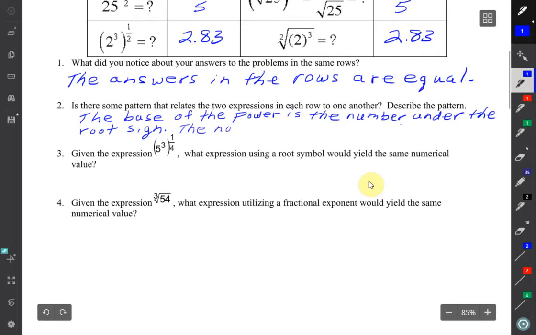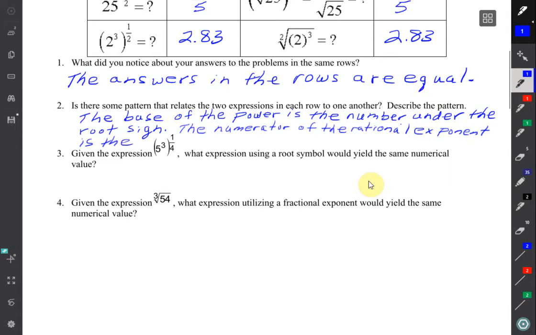The numerator of the rational exponent is the exponent.